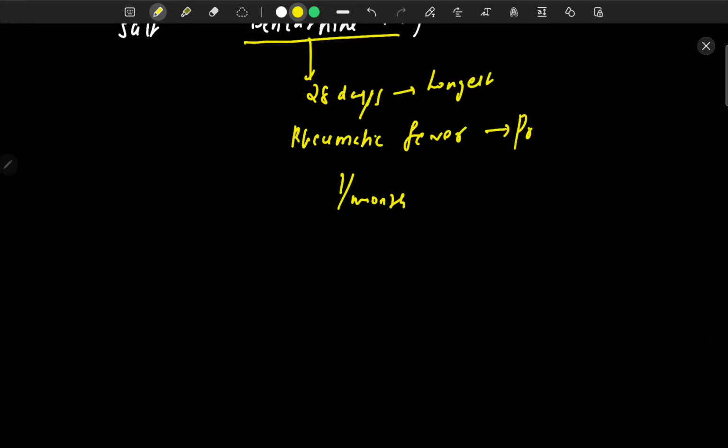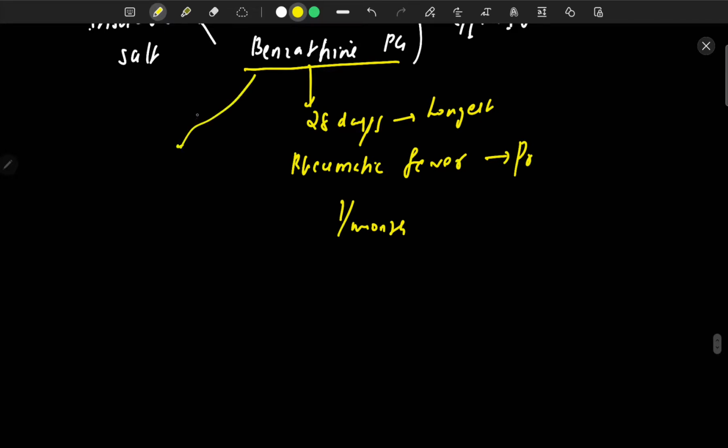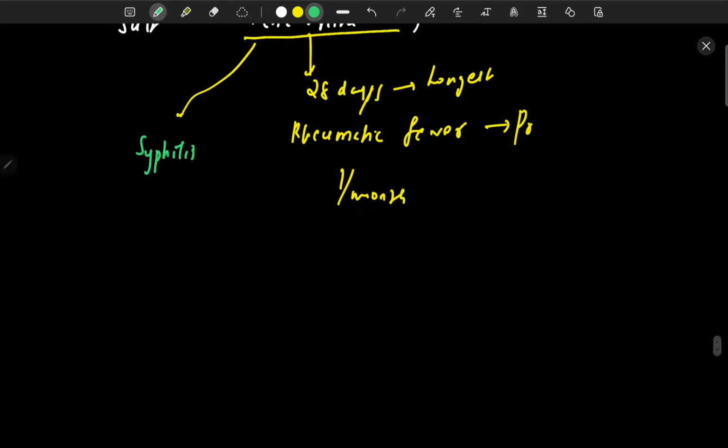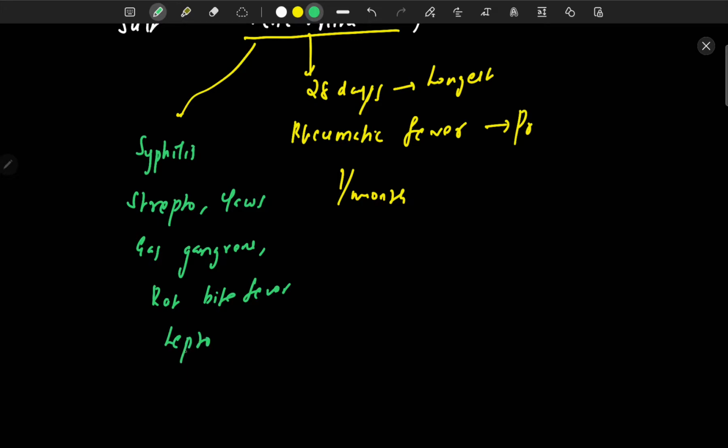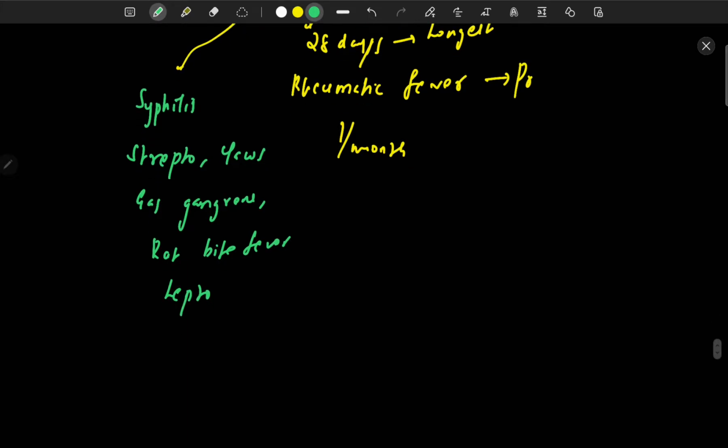Benzathine penicillin G is also a drug of choice for syphilis, streptococcus, yaws, gas gangrene, rat bite fever, and leptospirosis. Now I will talk a little bit about syphilis.